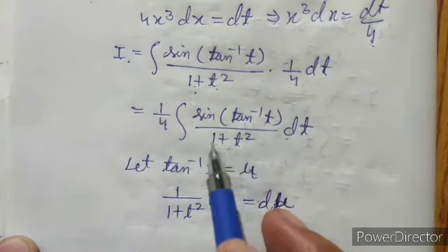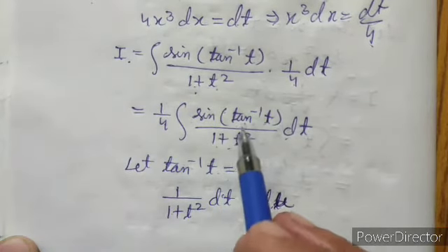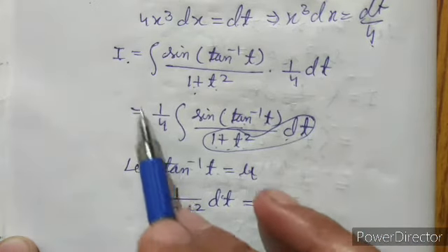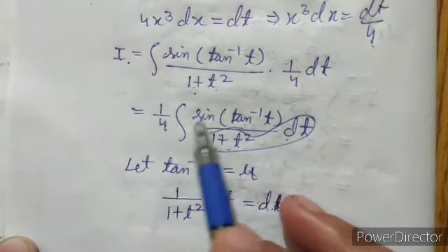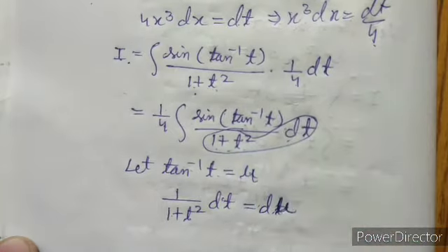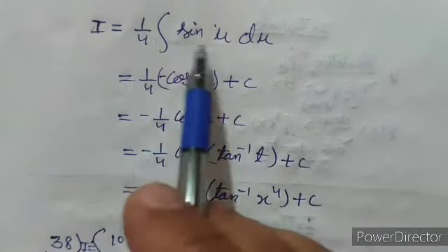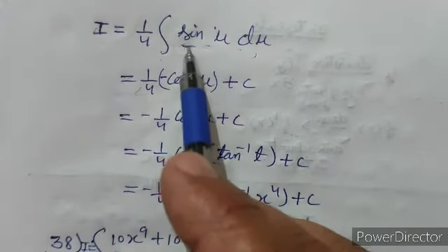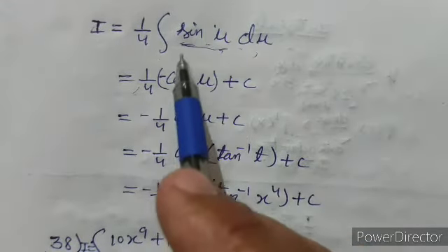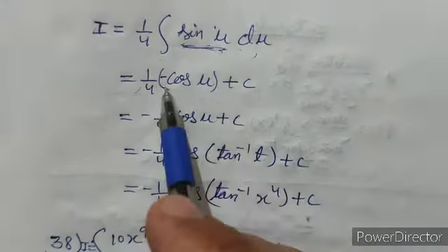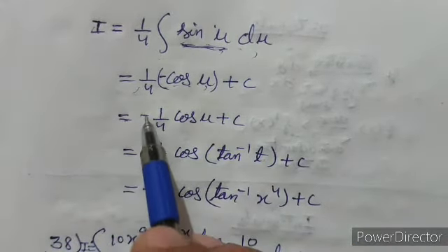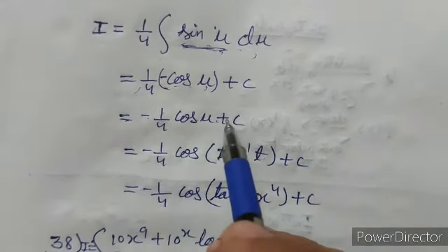Now this 1 upon 1 plus t square dt will be equal to du, and thus our integral will be 1 upon 4 sine u du. Now we can integrate sine u, and the integration of sine u will be equal to minus cos u, and this will give us the integral as minus 1 upon 4 cos u plus c.